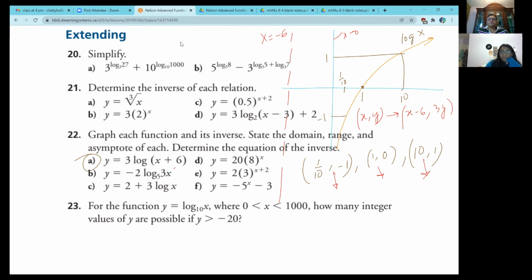So -5.9. Yeah, this is 0.1. You can say -5.9. And the y value multiply by 3. -1 becomes -3. Is it okay? So you got this point. -5.9 is very close to -6, and -3 is somewhere here, right? So you get 1 point here. You get the idea?